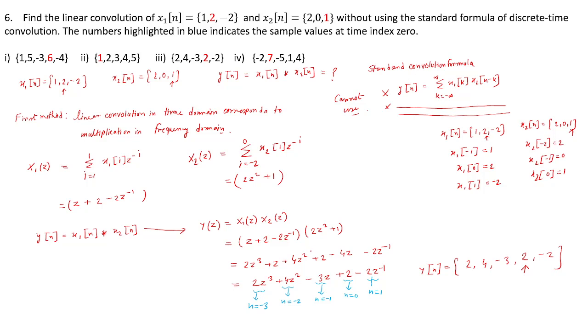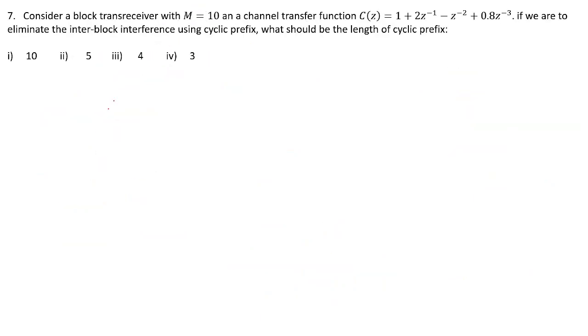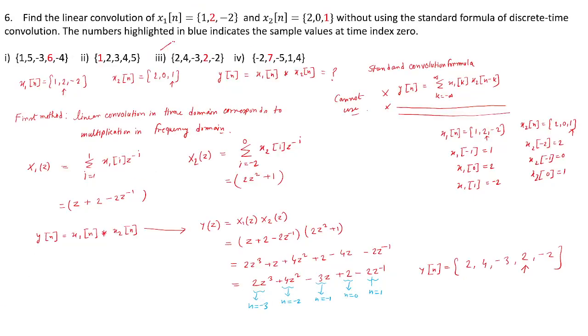So this is the expression of y: 2, 4, -3, 2, -2. So you can see the third answer is the correct one. Third answer is the correct option. By the way, we are yet to see the matrix method for doing the same, so let us move to that. We need to add a slide for that.